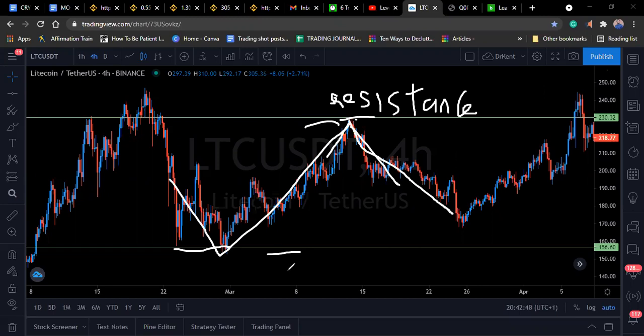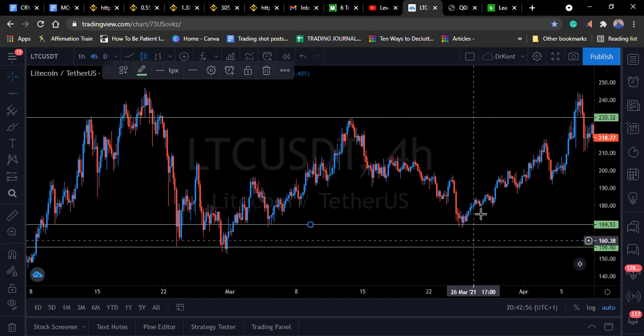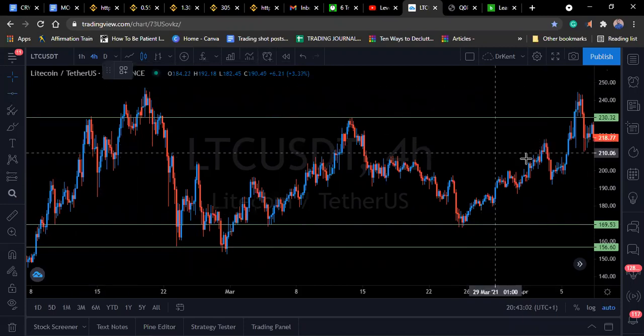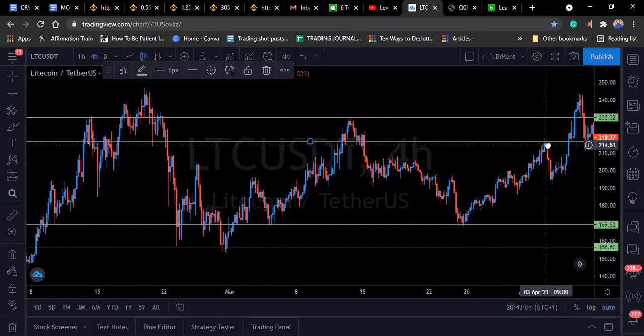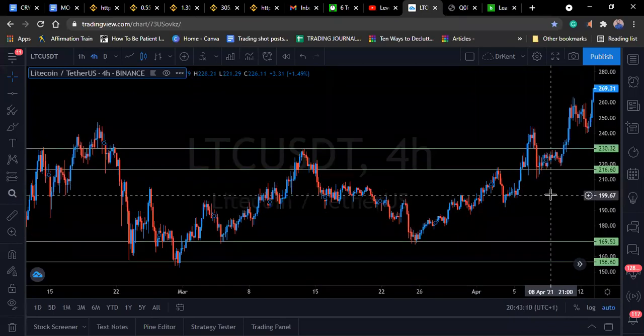If you look at your chart, you will see many such tiny levels. This is another one here. You can call this a resistance level, because price got here, then started dropping. So that's how you draw your support and resistance levels.